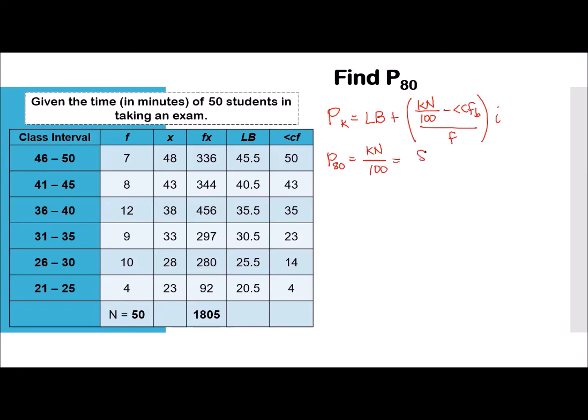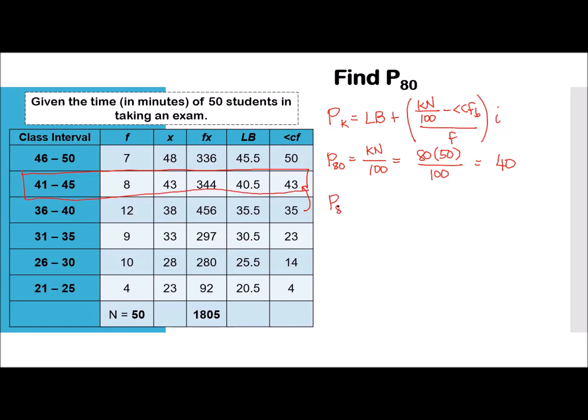Ang K natin ay 80, ang N ay 50, all over 100. Okay? So, what is 80 times 50 divided by 100? The answer here is 40. Okay? So, nasan si 40? Nasa pagitan ng 35 to 43. So, get again what is higher.